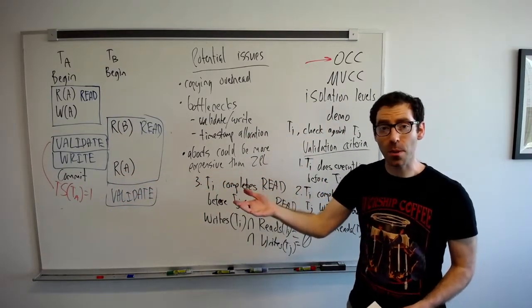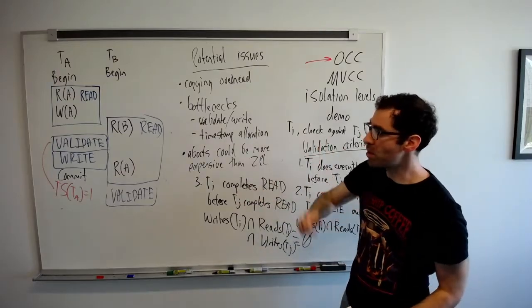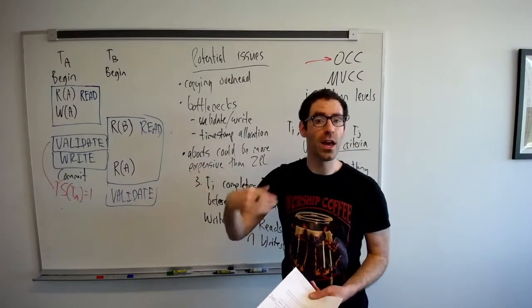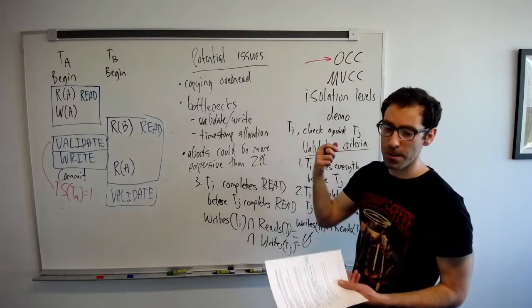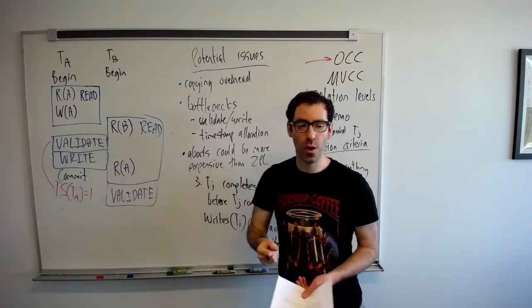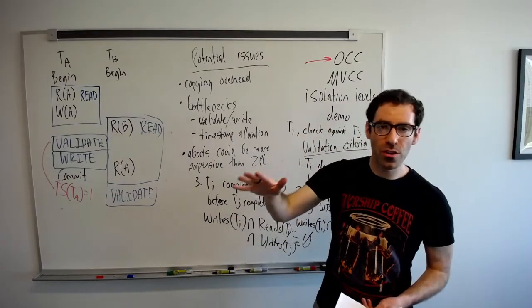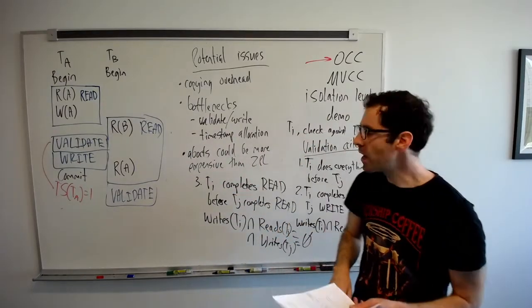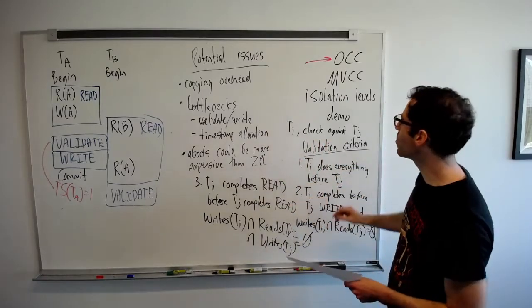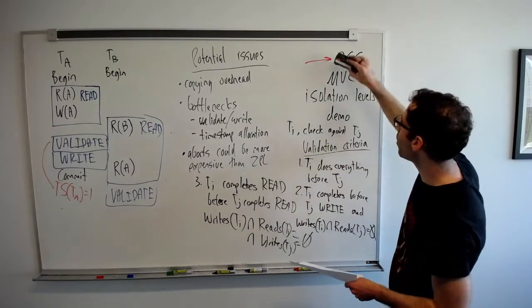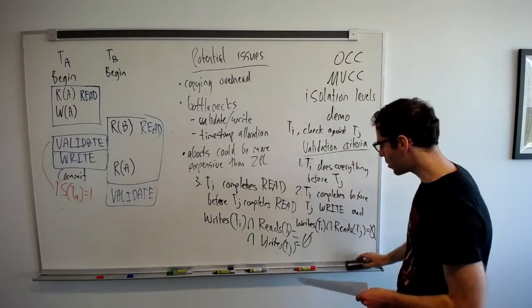And so if we do end up aborting, we're often going to be throwing away more work than in pessimistic concurrency control, where if we hit an abort, it was somewhere in the middle of the transaction and less work is potentially lost.